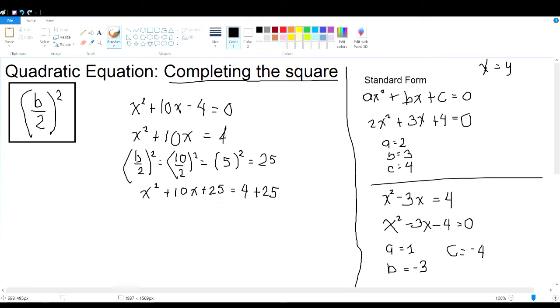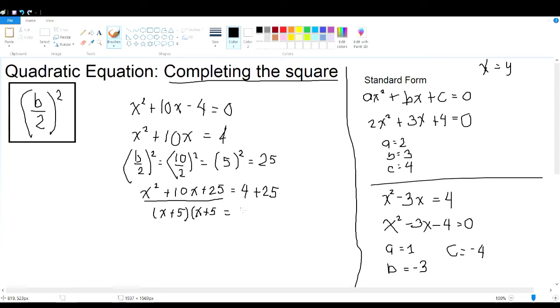So, your equation now will be x squared plus 10x plus 25 is equal to 4 plus 25. And this equation can now be factored kasi nga naging perfect square na siya. So, ano yung factor nito? You have x plus 5. Tapos x plus 5 is equal now to 4 plus 25.